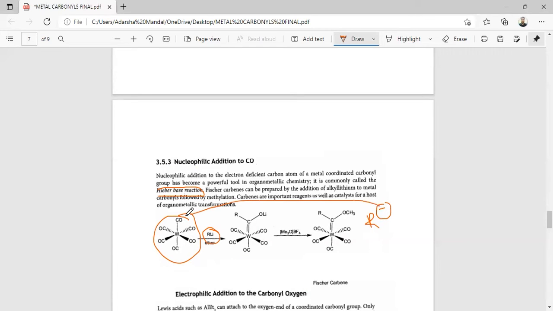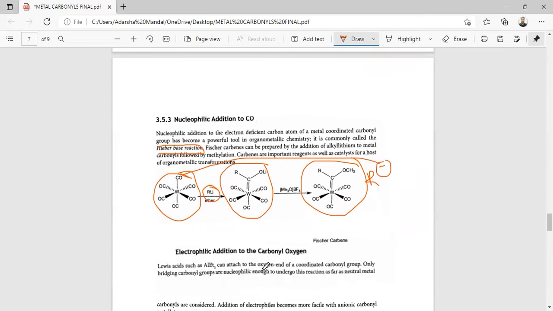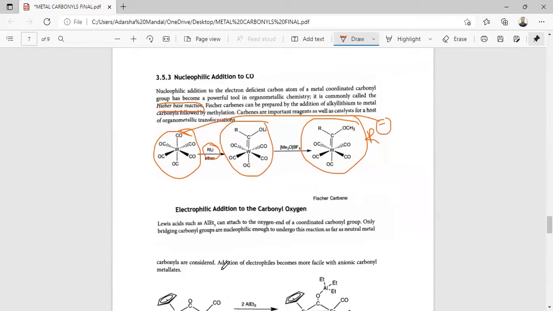So it will attack this carbon atom, and from this intermediate, by methylation, we form this carbene moiety. So nucleophilic addition happened to the metal carbon atom of the carbonyl moiety.